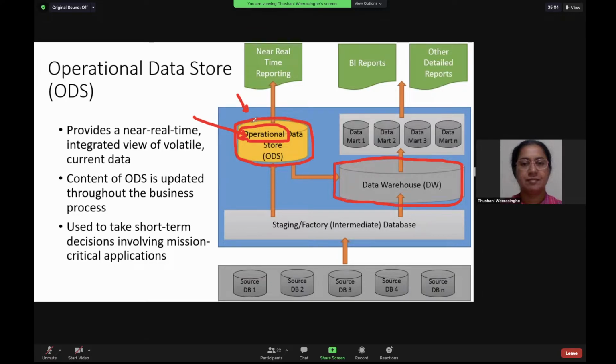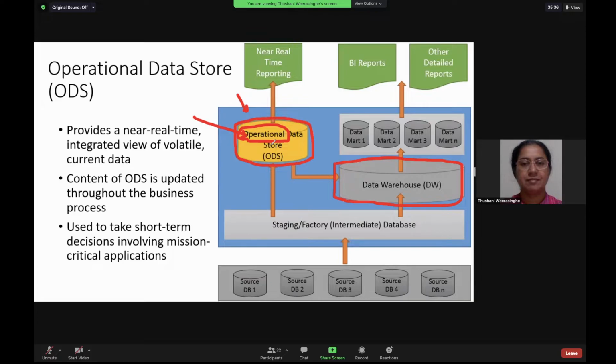So all this data is volatile, current data. This is updated throughout the business process. Why? Because people are editing, updating, all sorts of things. So the current data is there, and this data gets updates.